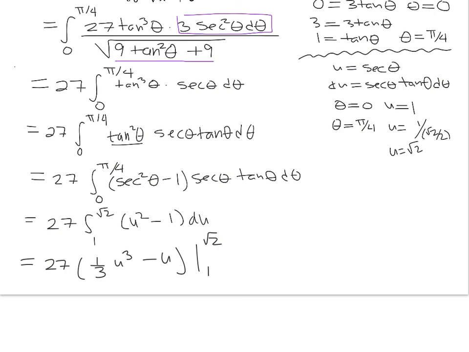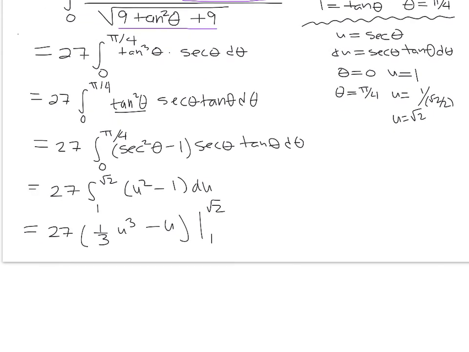And it gets a bit tricky. So if you do root 2 cubed, that is 3 root 2's multiplied together. 2 of those root 2's multiplied together just make 2. So 27 times 2 square roots of 2 over 3 minus square root of 2, minus 27 times 1/3 minus 1.